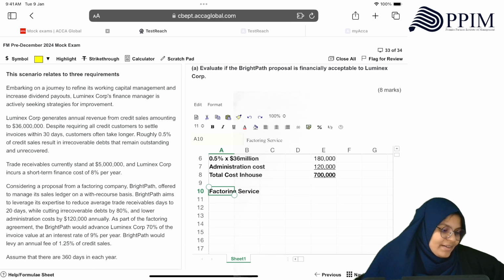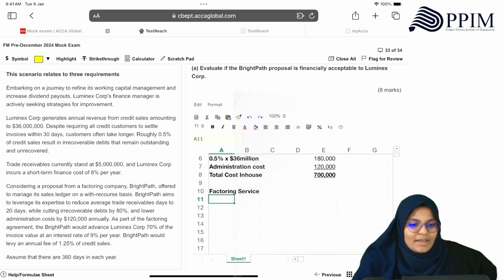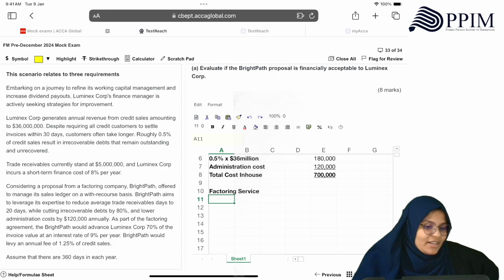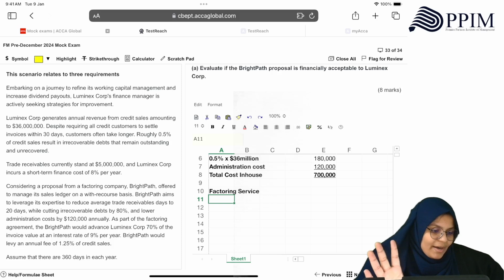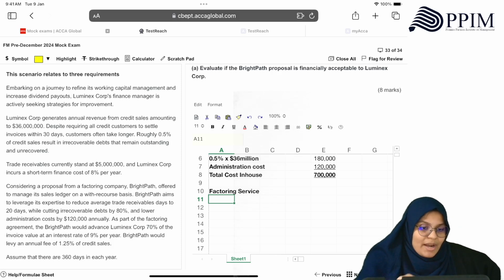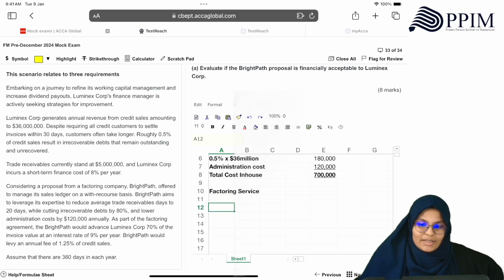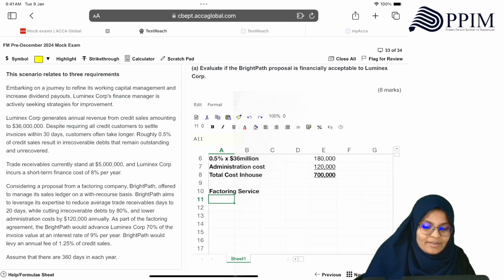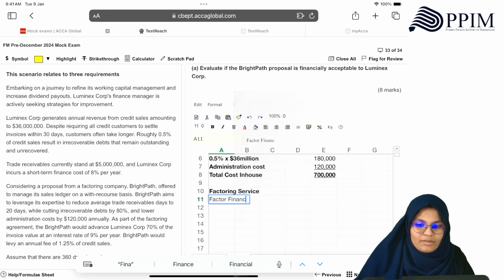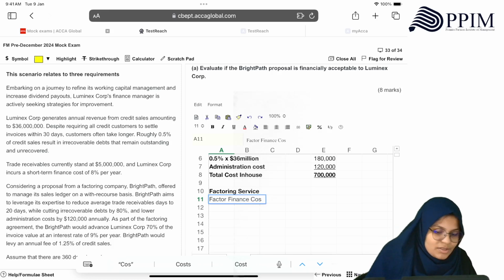If you are going to go for factoring service, considering a proposal from a factoring company, it's on a with recourse basis, they are saying that they will reduce the receivables to 20 days while cutting irrecoverable debts by 80%, that's fine, and lower admin cost by 120,000, that's also fine. Then they are saying as part of the factoring, they will advance 70% of the invoice value at an interest rate of 9% per year. So that is the first cost, the factor finance cost.